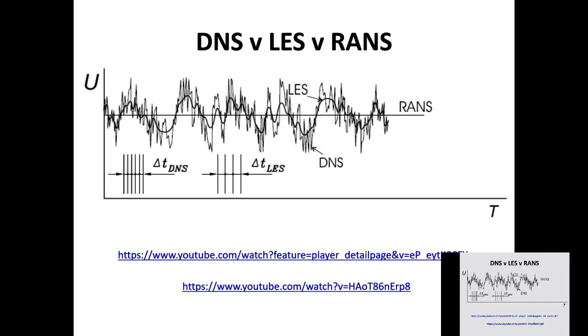And this is a comparison of direct numerical simulation, large eddy simulation, and Reynolds average Navier-Stokes equation. Now this is your velocity field U, right? The really wiggly line is your DNS result, direct numerical simulation. It solves it in real time.